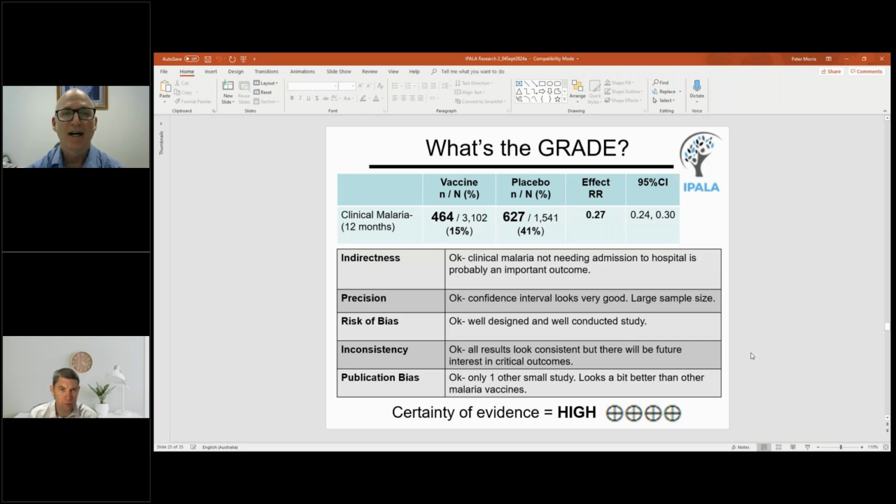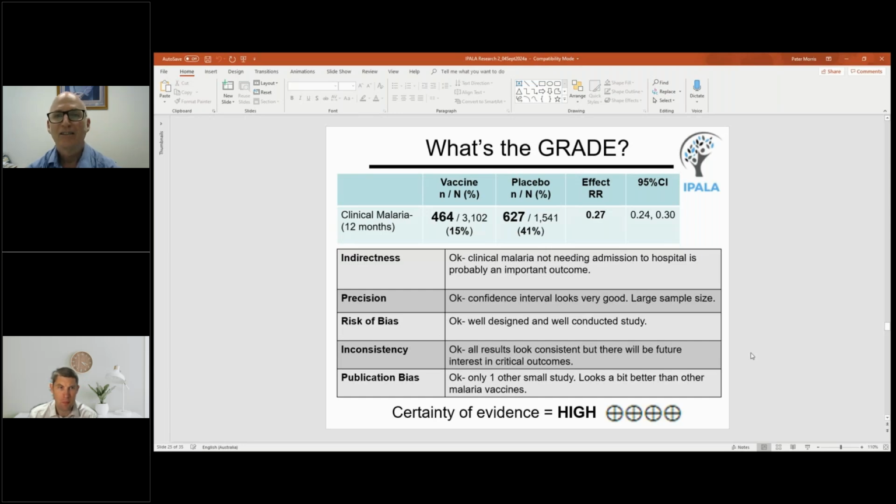3,000 young children in the vaccine group, 15% of them had clinical malaria. It was randomized 2 to 1, so there were about half as many children in the control vaccine group, and 41% of them had clinical malaria.